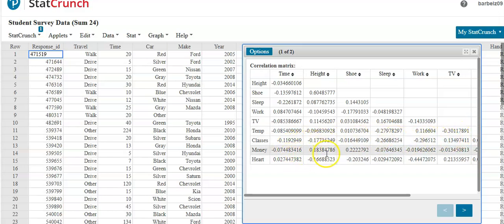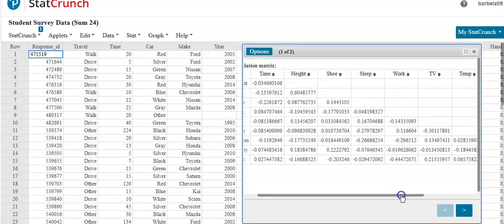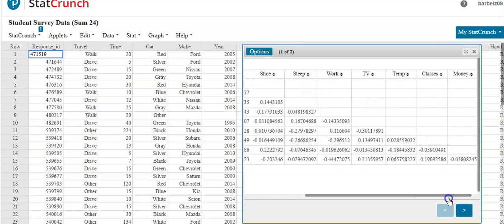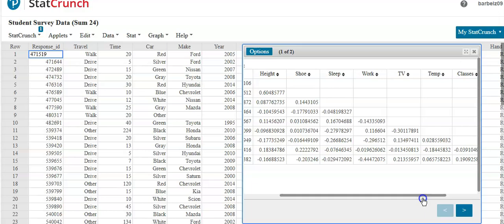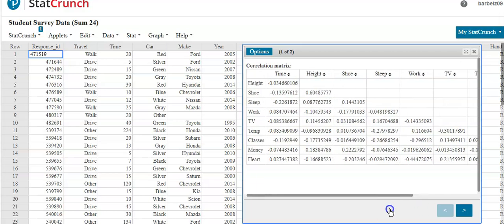Sure looking like none of them do, although I can't quite see all of it. So 0 have a strong correlation as we look across there, unless I'm missing one. Looks to me like none of them are bigger than 0.7 or smaller than negative 0.7. This one is getting close, but it's still not quite strong. It might be moderate strength at 0.6.